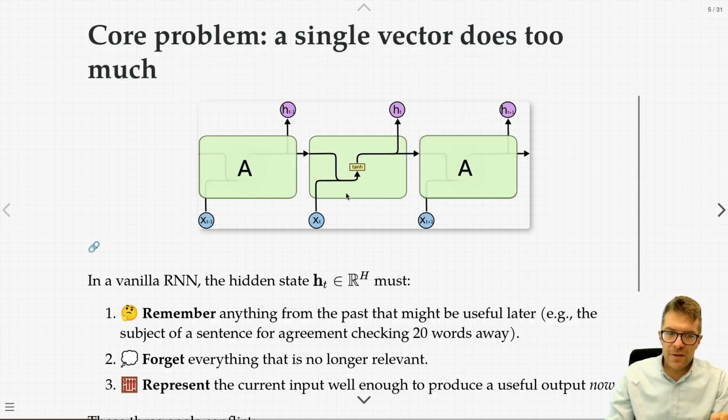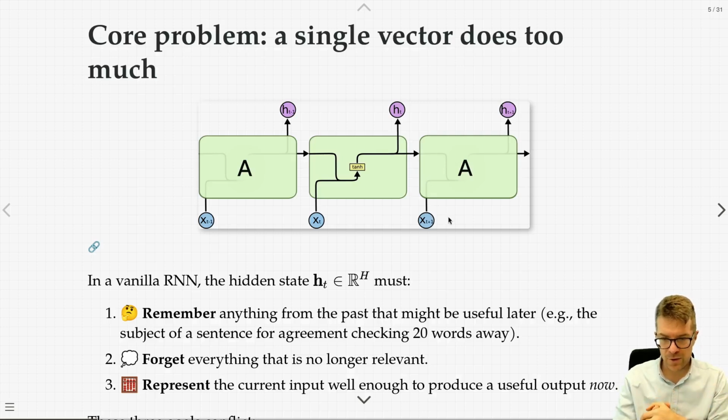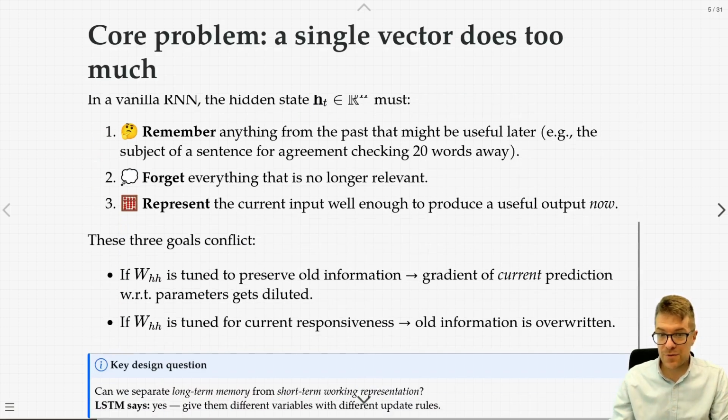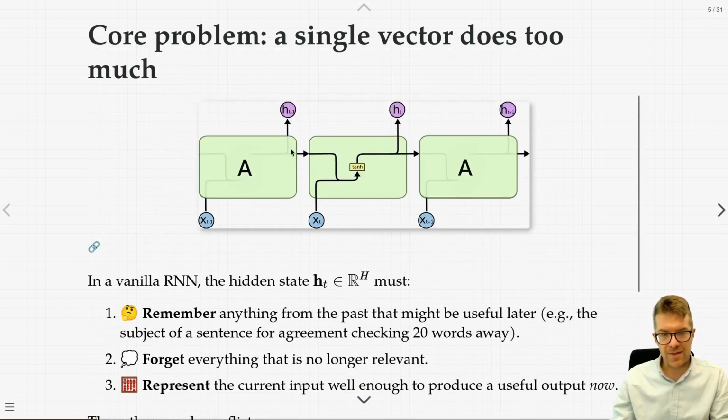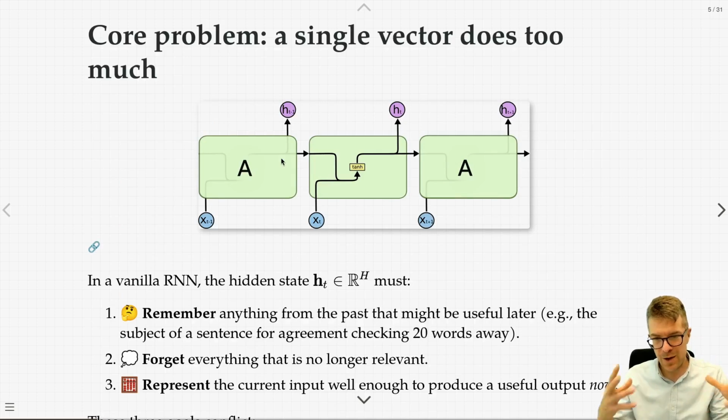In the vanilla RNN, this hidden state h sub t, which is a big H-dimensional vector of real values, has to serve several purposes. It has to remember anything from the past that might be useful later. We talked about how this hidden vector is accumulating information in some pseudo-magic way.